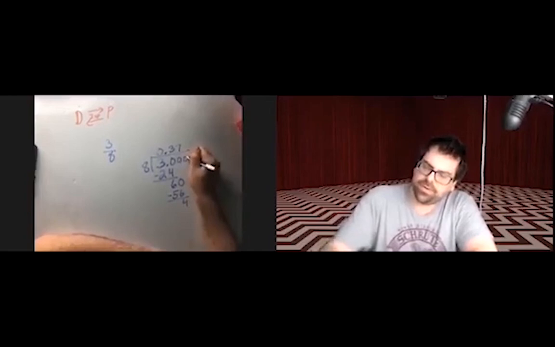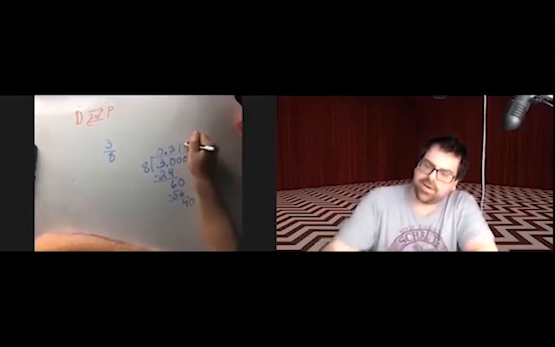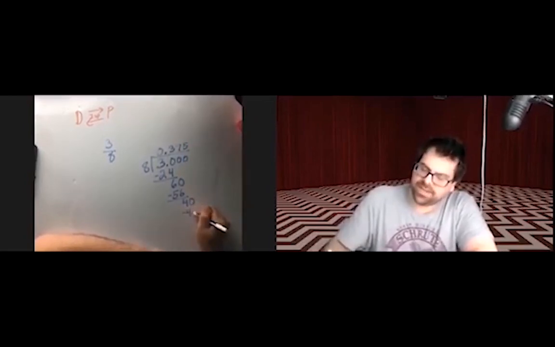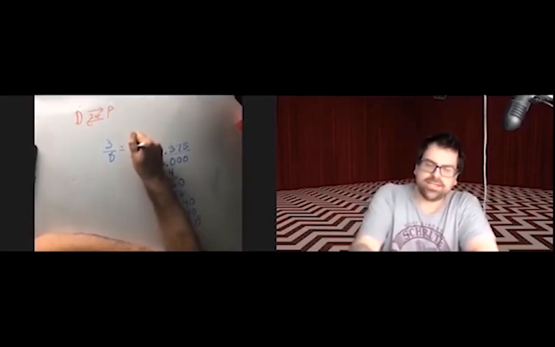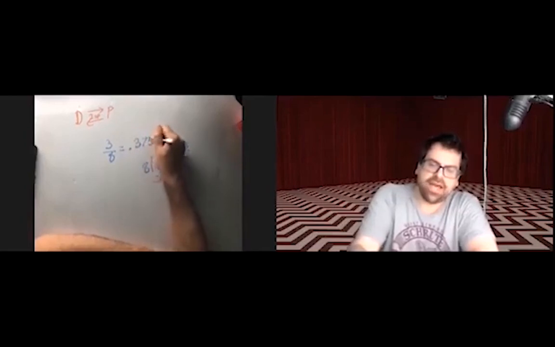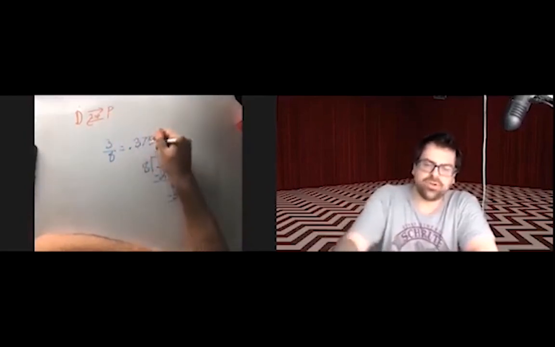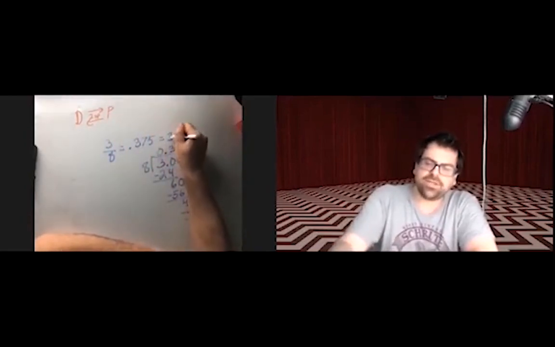Get a 4. Give a 0, bring it down, and it goes in 5 times evenly. So 3/8 is 0.375. And when we move the decimal 2 to the right, that gives us 37.5%.